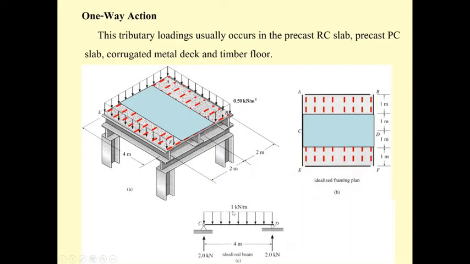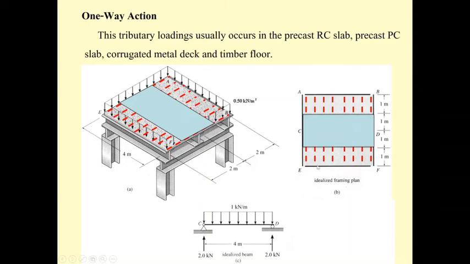What do we get? The force. The force comes from the area. Since the area is rectangular, the force is going to be uniformly distributed. How long is the beam CD? The beam CD is 4 meters long. What is the magnitude of the load?